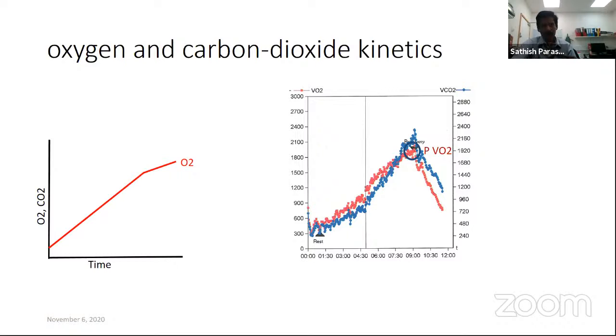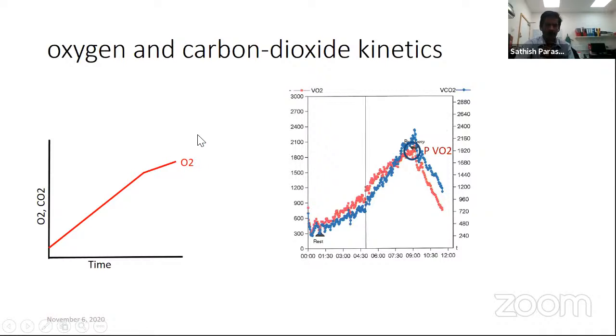Depending upon the treadmill or the bicycle, the oxygen consumption steadily increases. In the initial period, this is mainly by the increase in the stroke volume, and later by increase in the heart rate as well. So the oxygen consumption steadily increases throughout the exercise, and towards the peak, it plateaus slightly.